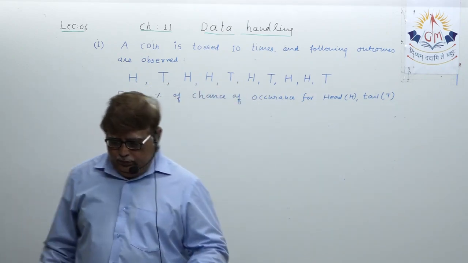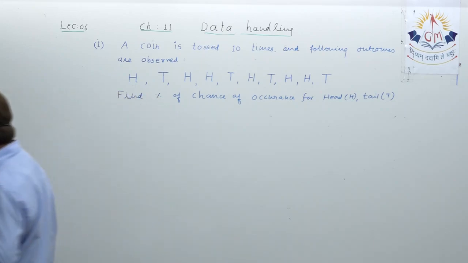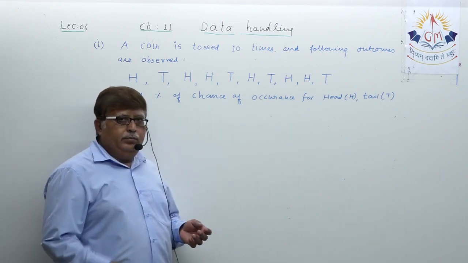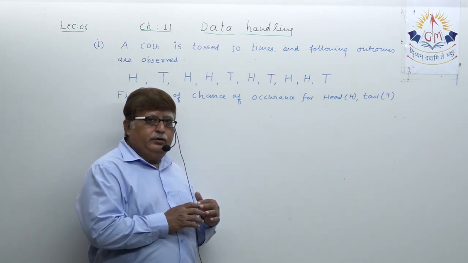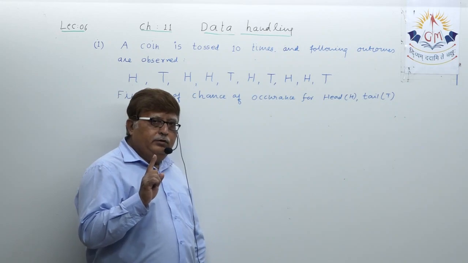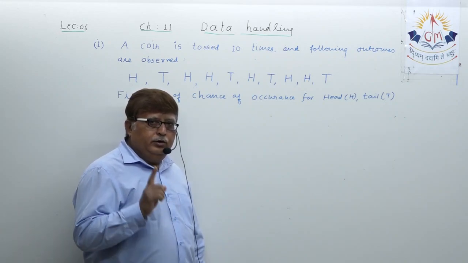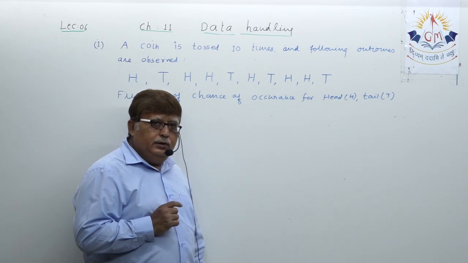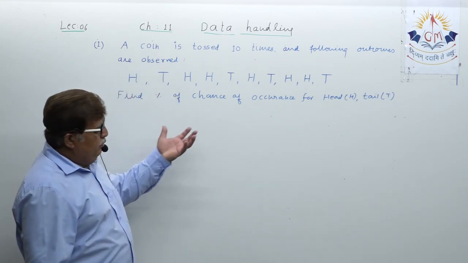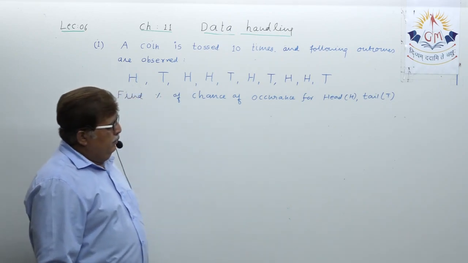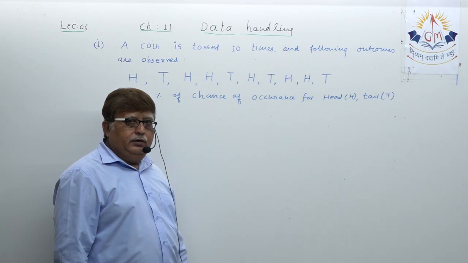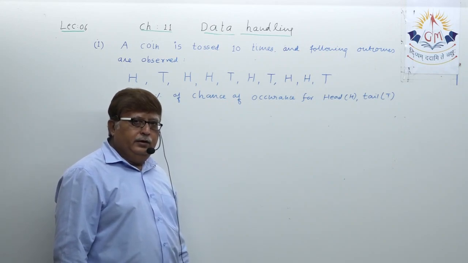In the previous example which we solved, they had given a specific instruction: prepare frequency distribution based on number of heads. Here there is no such question, only the direct question: chance of occurrence for head and tail.